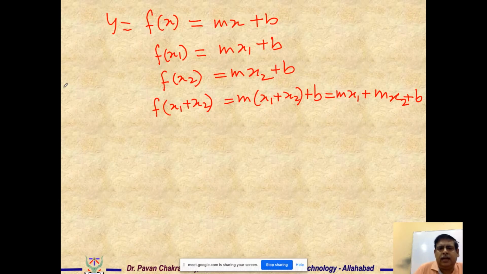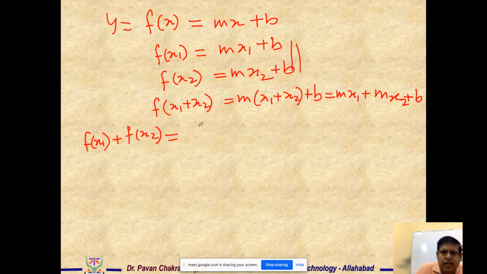Now let me calculate the function f of x1 plus f of x2. This will be equal to, as given in this set of equations, m x1 plus m x2 plus 2b.